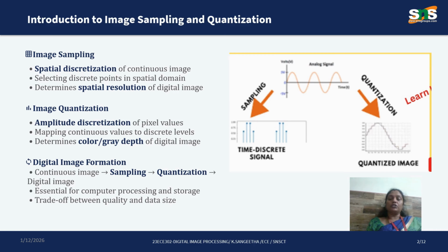Generally the image formation is a continuous image, that is an analog image. If we want to convert it into digital, we have to do two things, that is sampling and quantization.